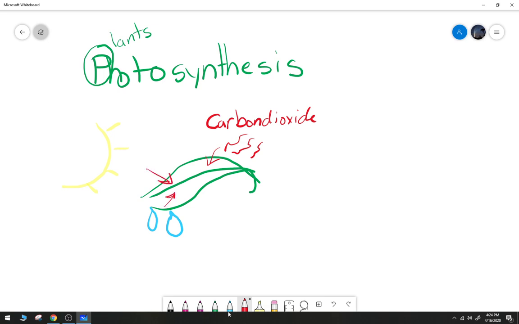Okay? And it just doesn't take stuff in. It needs to get rid of waste. And if you remember, the waste that plants give off, it's a waste gas for them, and it's good for us, but it's bad for them. It's actually oxygen that is a waste. Plants don't want it.